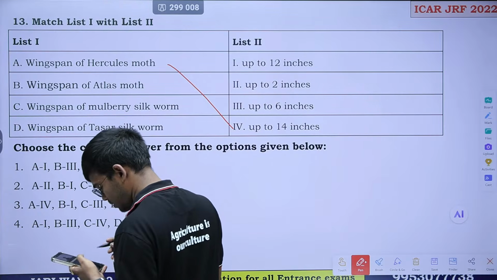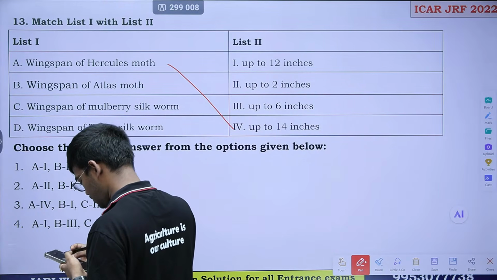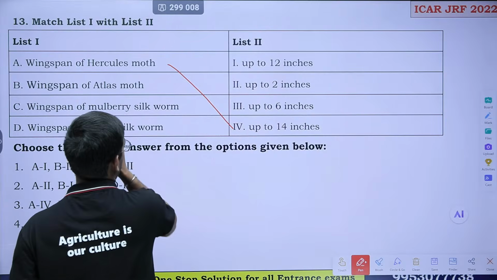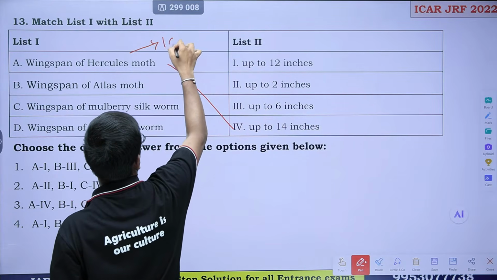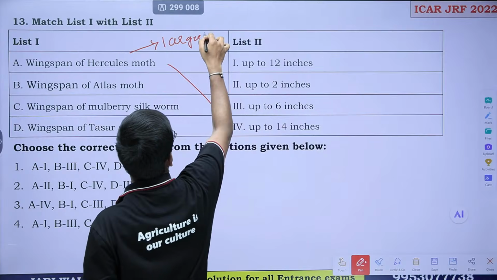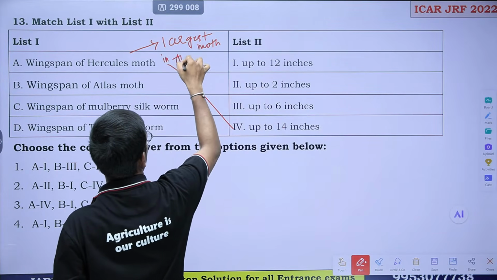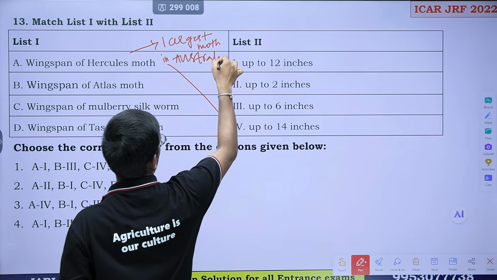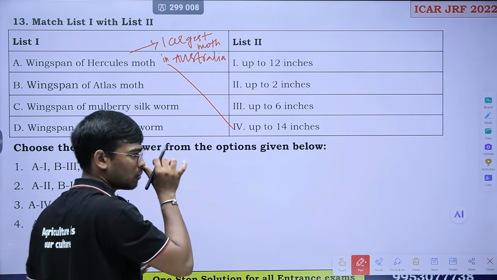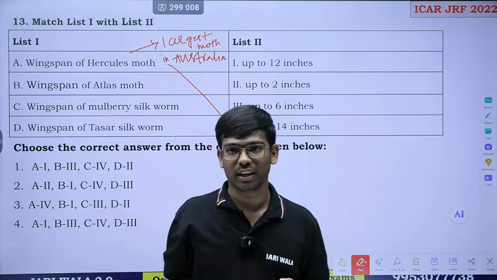Now many students are responding. Good. And the Atlas moth, you know, is the largest moth in our Indian context.